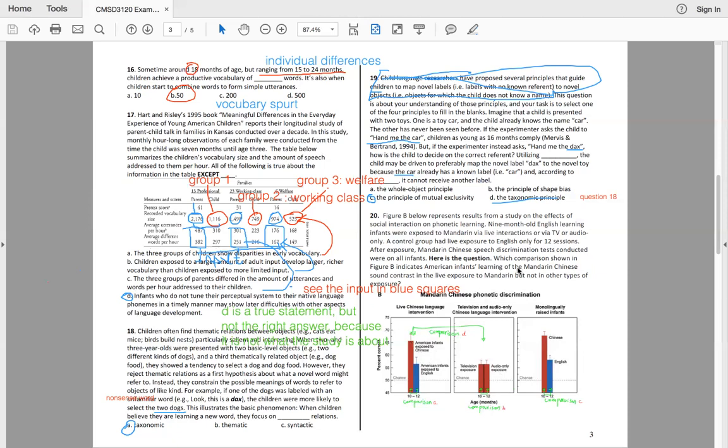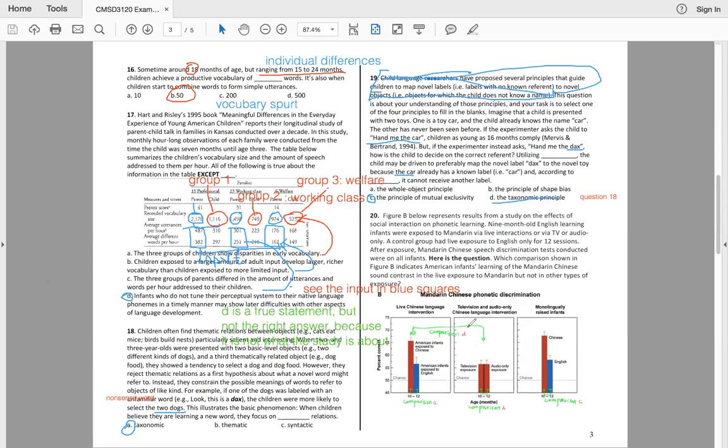So here you need to compare live exposure with television exposure and audio exposure. You need to compare this with this.